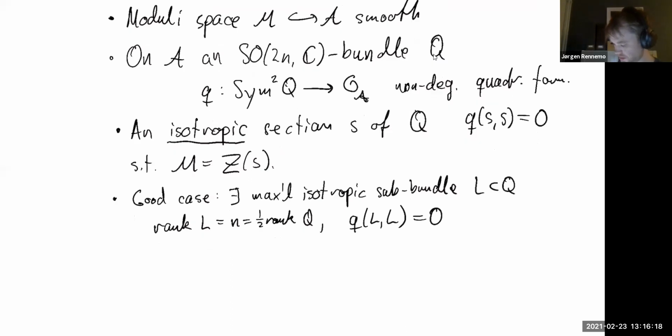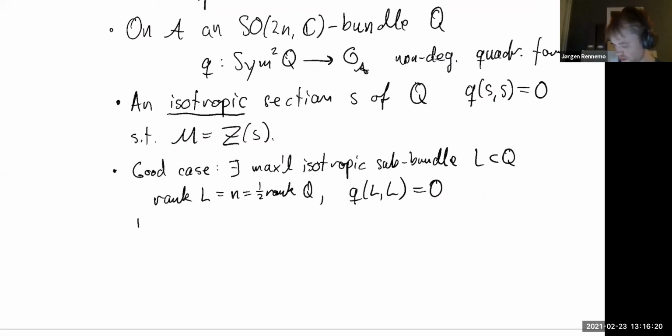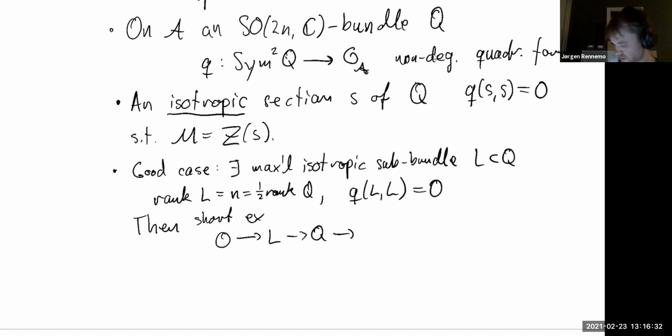Okay, so if you have this, then automatically there's the cokernel. So then you have a short exact sequence. Well, okay, you always have a short exact sequence.